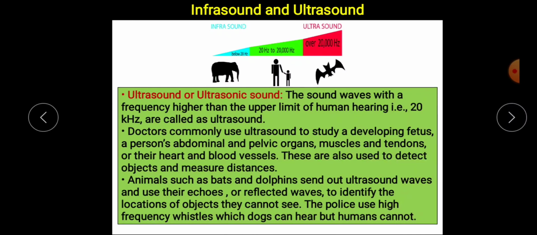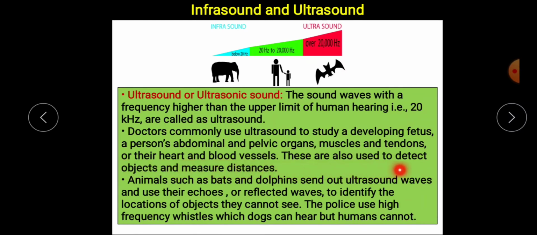Next is ultrasound. The sound waves with a frequency higher than the upper limit of human hearing, that is more than 20 kilohertz, are called ultrasound. Doctors commonly use ultrasound to study a developing fetus, a person's abdominal and pelvic organs, muscles and tendons, or their heart and blood vessels.